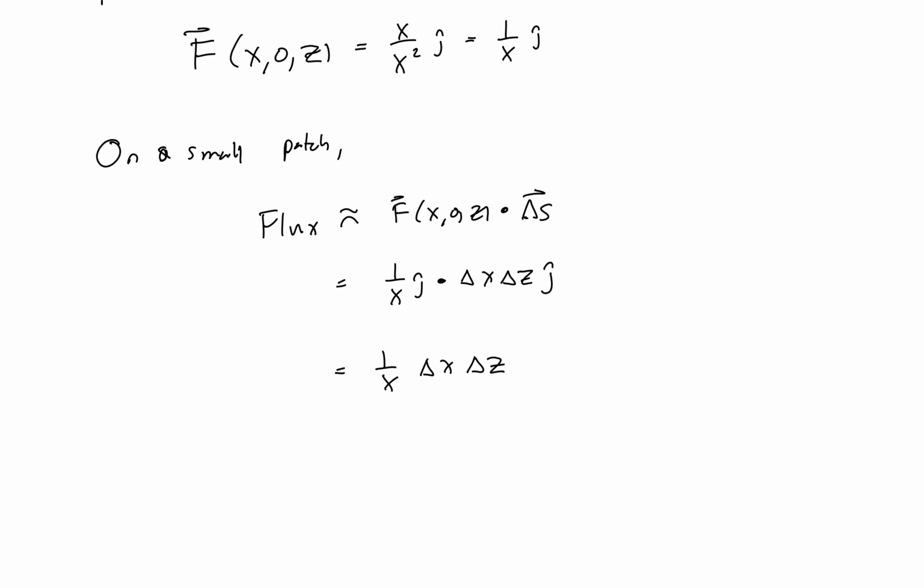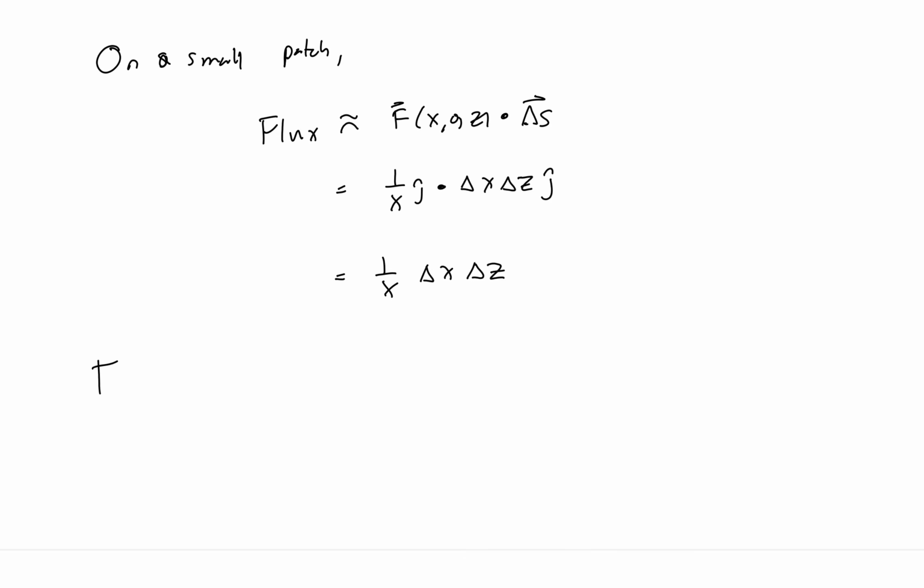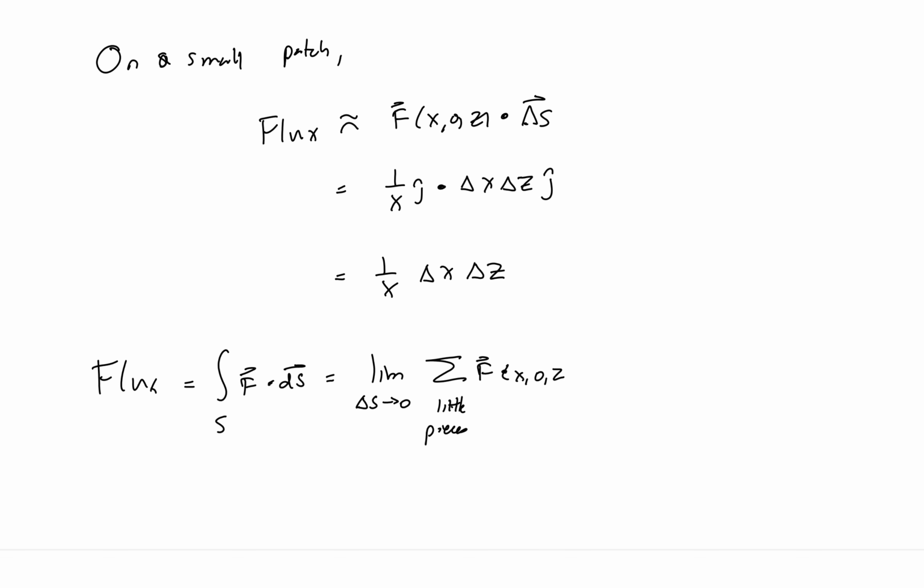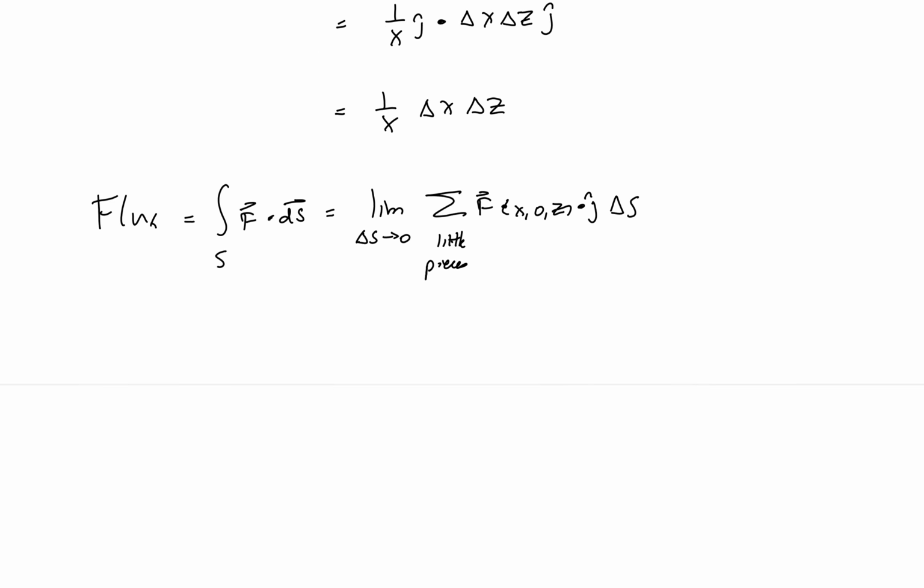Now if we want to do this for the whole surface, our total flux is given by this integral, the limit as delta S goes to 0 of the sum over little pieces of f, let's say f of x, 0, z in this case, dotted with j because that's my unit normal.